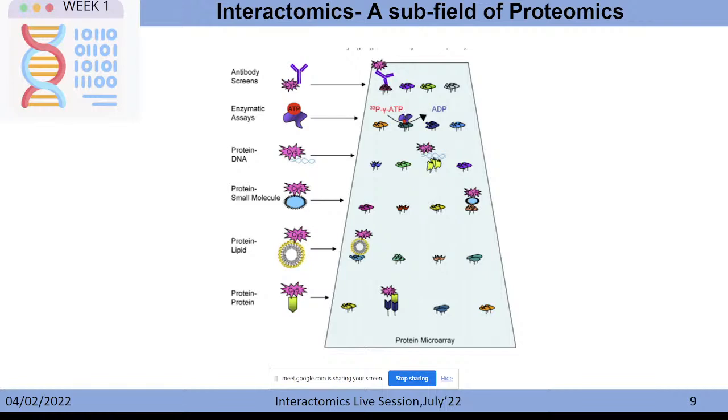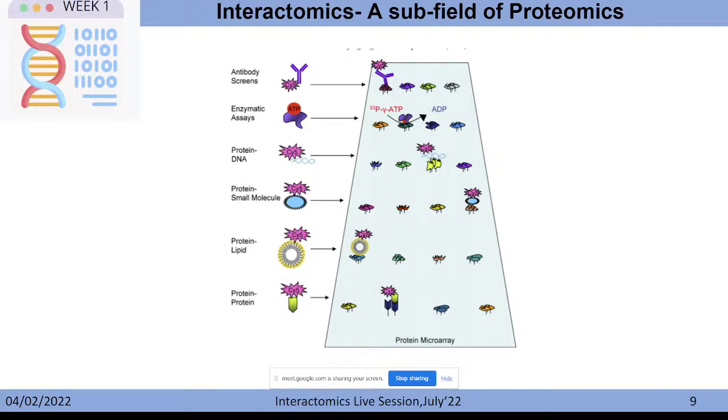If you have an unknown enzyme and you don't know on which protein it acts or interacts, you can have those proteins printed on a microarray and provide that enzyme, and wherever it gets the work done, for example ATP, you can detect the end reaction molecules and find out where it worked.